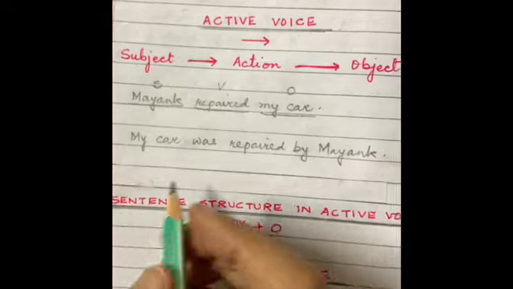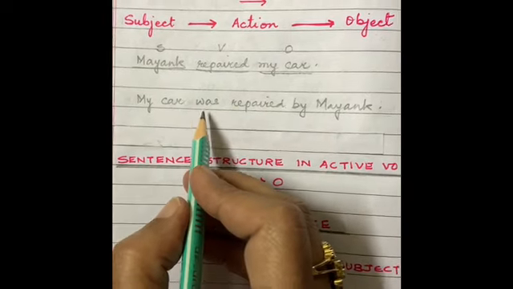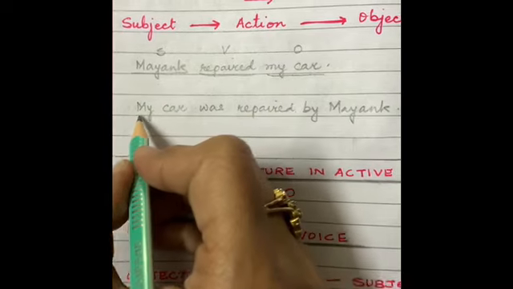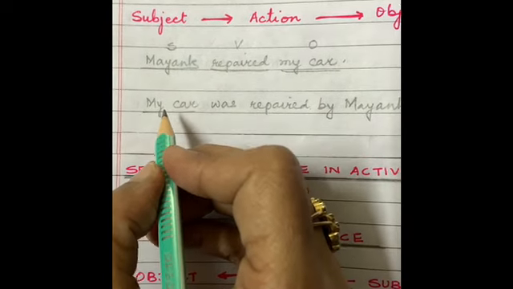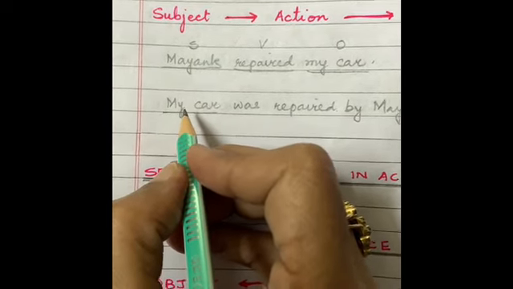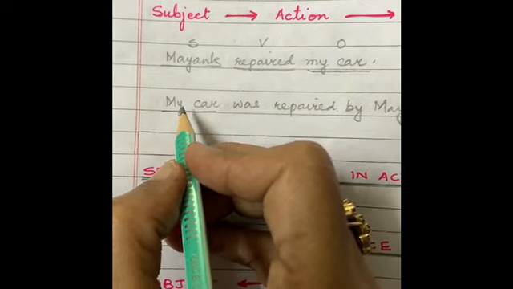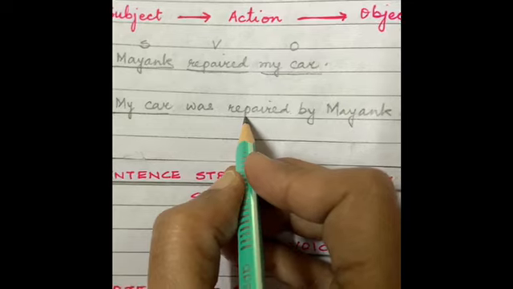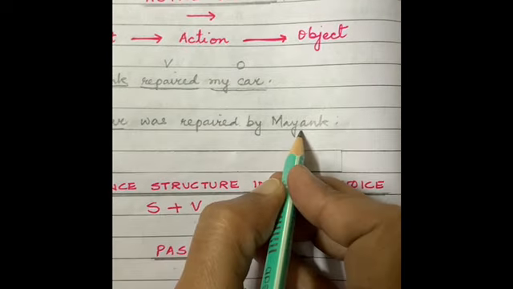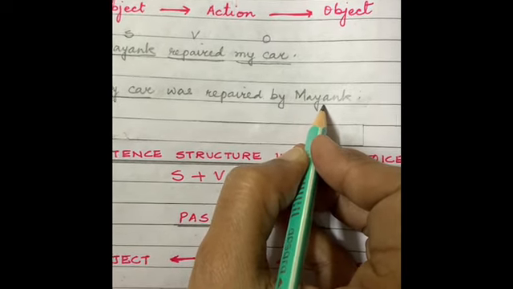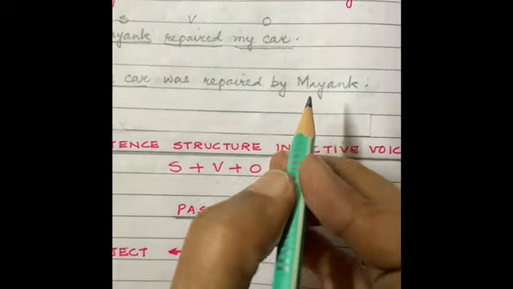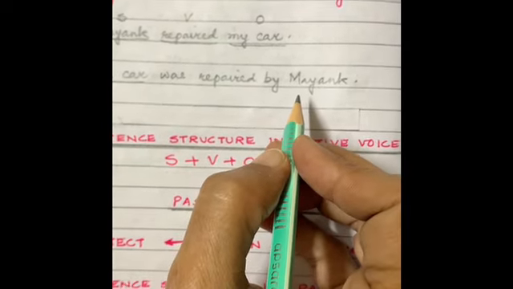In the second sentence, we are giving more importance to the object, my car, and the action performed by the subject rather than the subject itself. Hope it is clear.